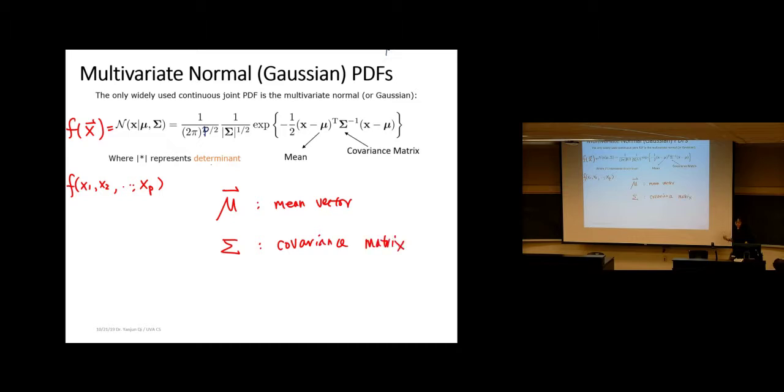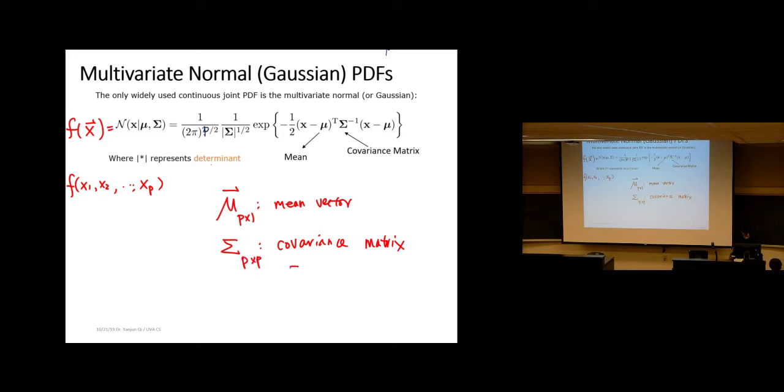It's the covariance matrix. And then the mean vector has the size p times 1, which is the same size as your feature dimensions, and the sigma matrix is a p times p matrix.